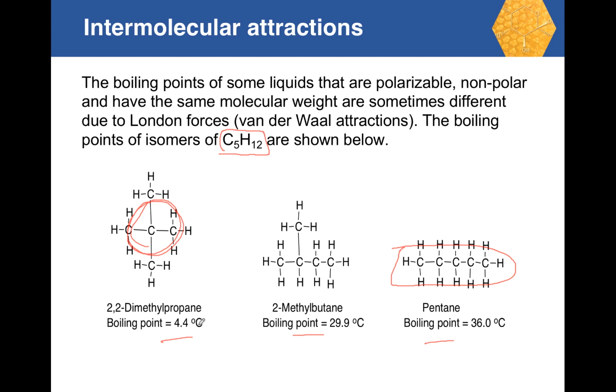So that's why you would predict the boiling point of this molecule here is lower than that of pentane, which has a larger surface area, which as you can see is 36 degrees C compared to 4.4 degrees C. So you should be able to predict the relative boiling points. You need not know the exact number, but the relative boiling points of isomers based on looking at the structure.